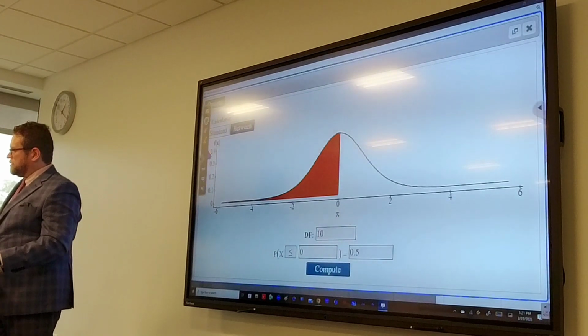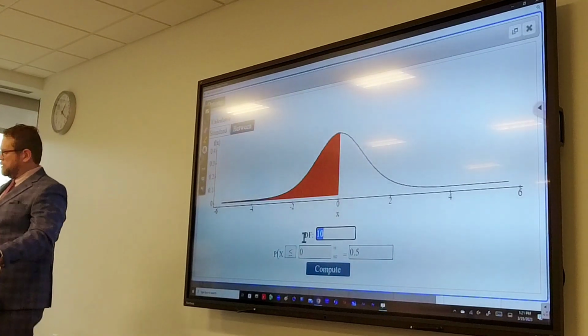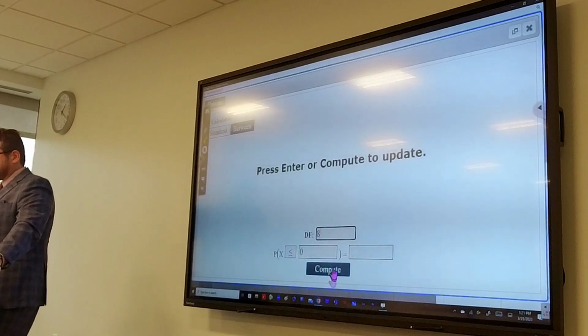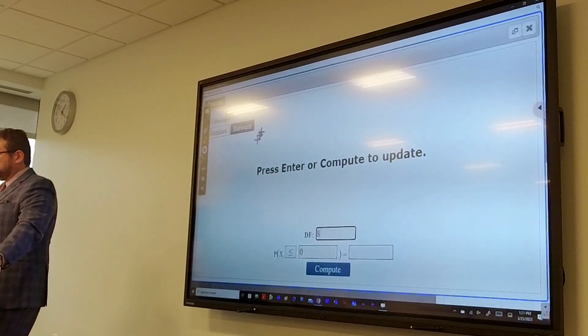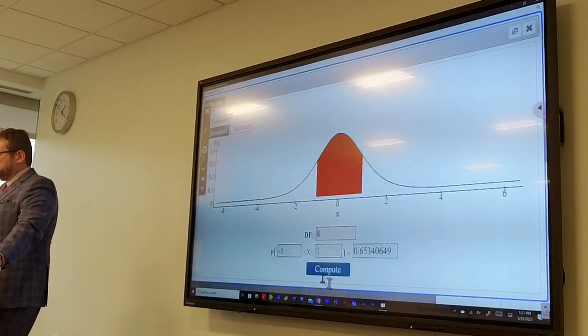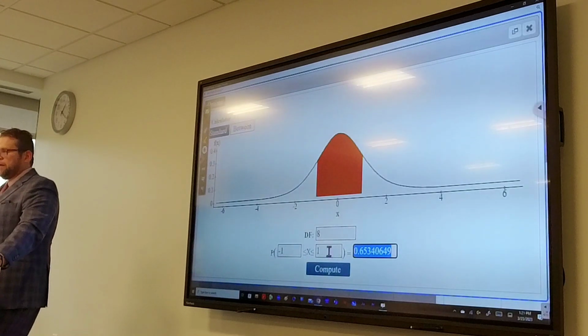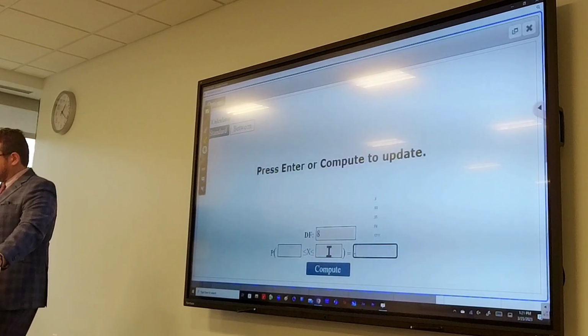My degrees of freedom is n minus 1, so that's 9 minus 1, we have 8. And I put it on between, and since my confidence level was 95%, then this would be 0.95.